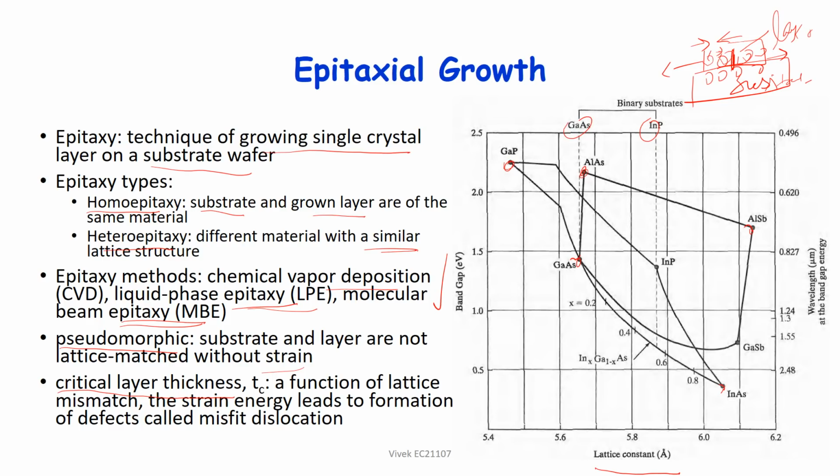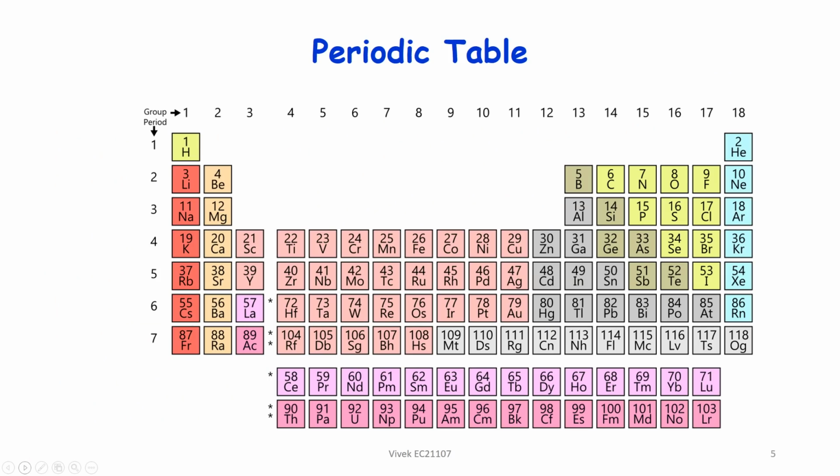Okay, so now we will go ahead and review the properties of semiconductors. Now the properties of the semiconductor depend on the constituent atoms, and usually semiconductors come from group 4.